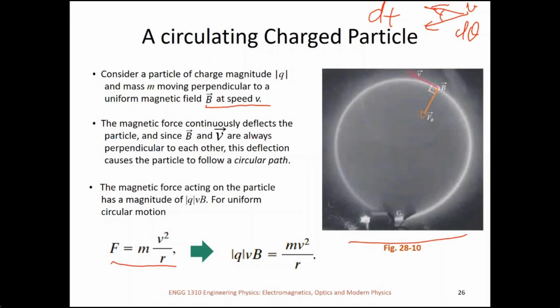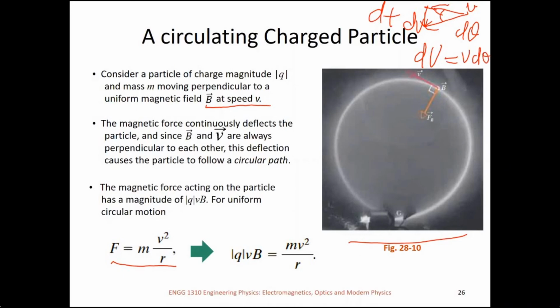Okay, so in the vector diagram, we have a change of dv. And this dv, assuming it is a very, very small d theta, should be v d theta, right?